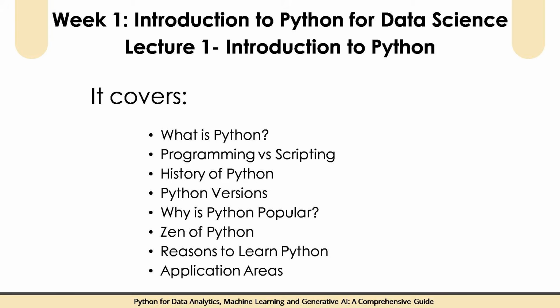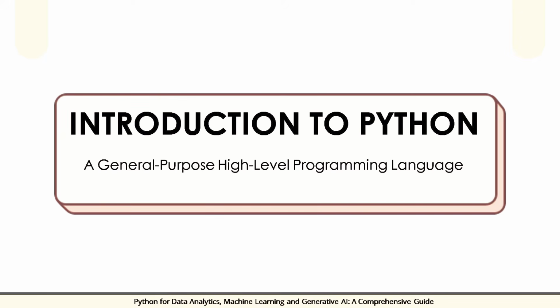We also discuss why Python is popular, focusing on its simplicity and vast ecosystem. The Zen of Python highlights its guiding principles. We conclude with the reasons to learn Python and its wide application areas such as data science, machine learning, automation, web development, and scientific computing.